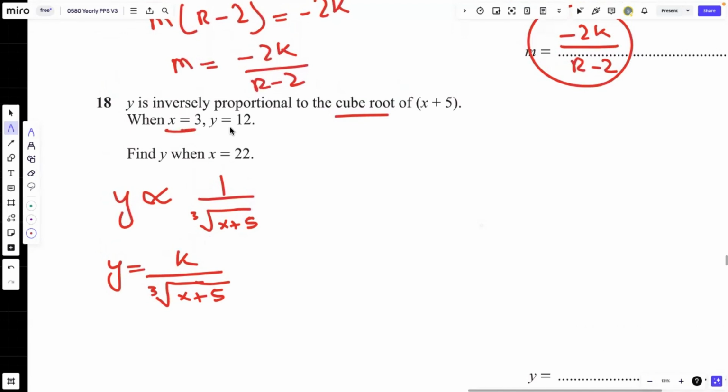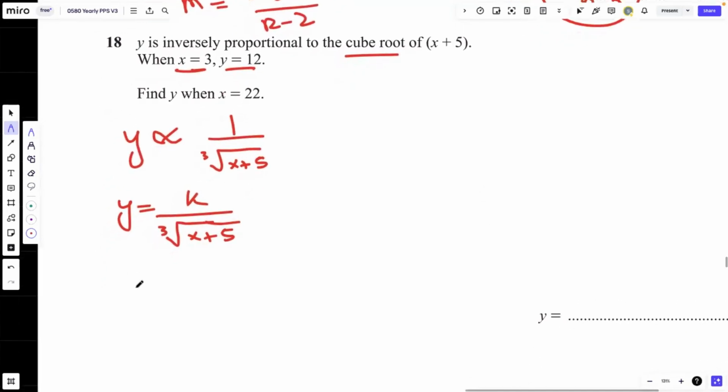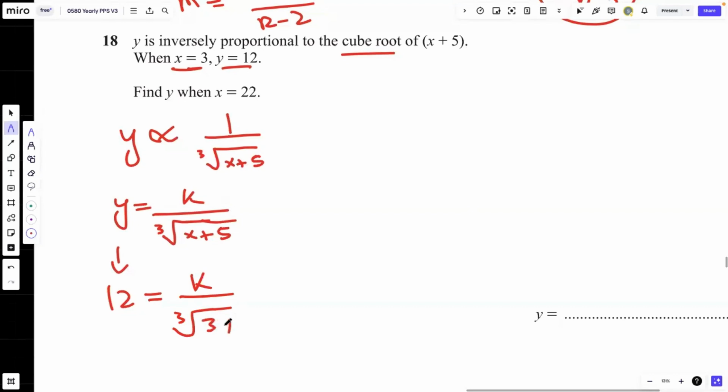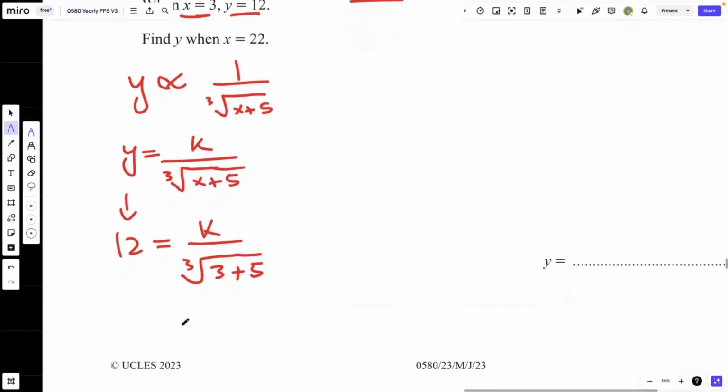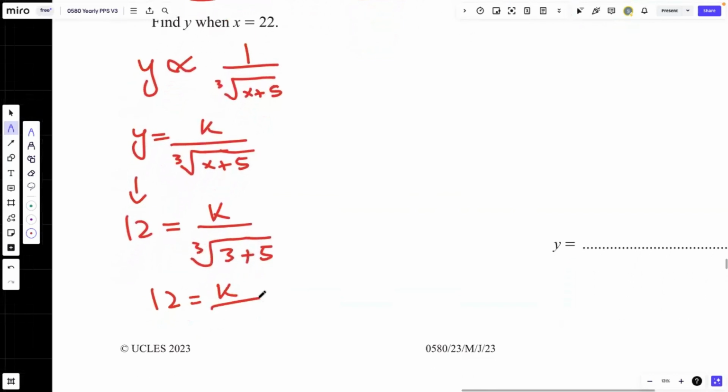Now we do know the values of x and y here, so we can plug them in. y is 3, and you can use the values of x and y to find out k. So k is going to be cube root of x, which is 3, plus 5, 12 equals to, so that's 8, and cube root of 8 is actually 2, because 2 cubed is 8, and k is 2 times 12, which is 24.